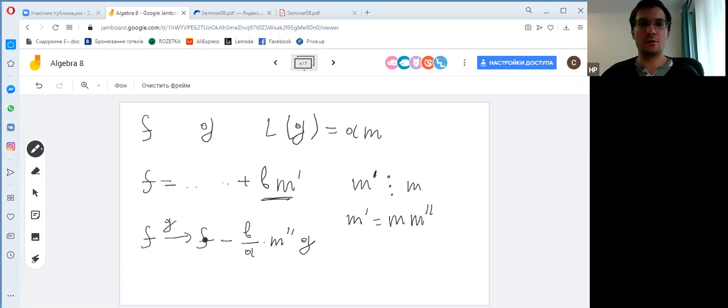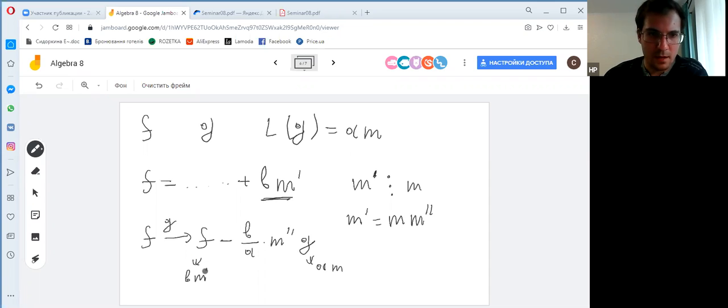What is the reason to consider this coefficient? Because here is b multiplied by m prime, and here is the leading term a multiplied by m.